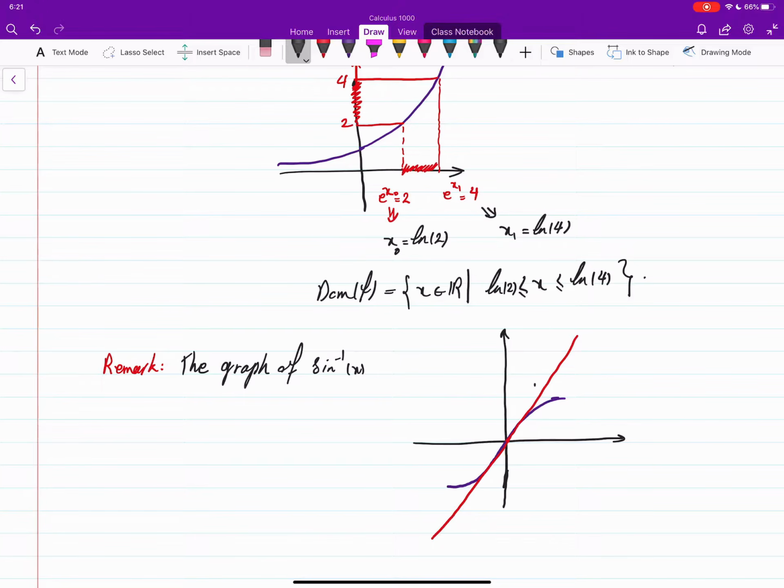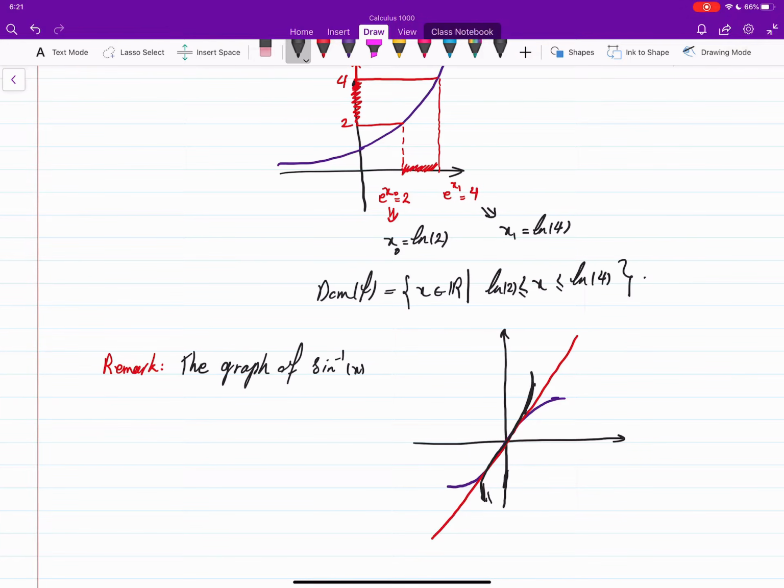So it will give us something like that. My graphs are not very good, but this will be what we have there.